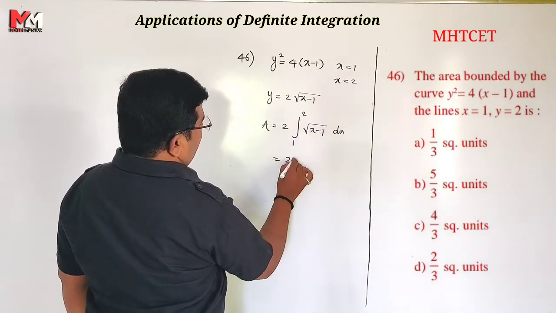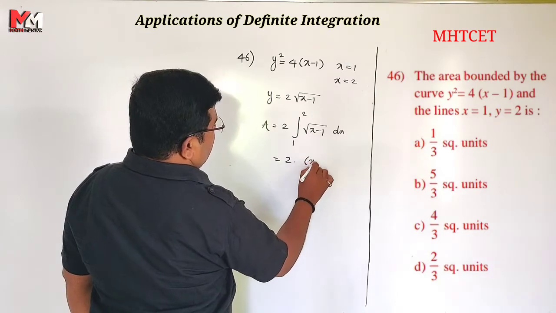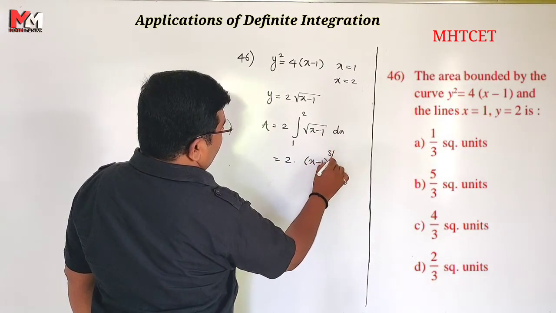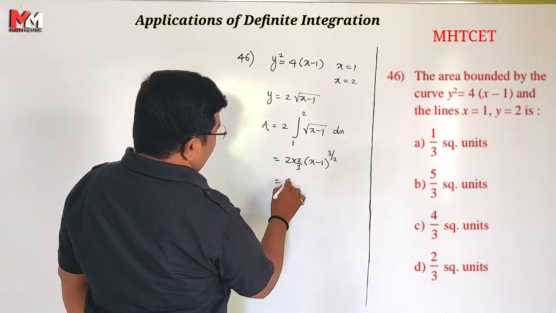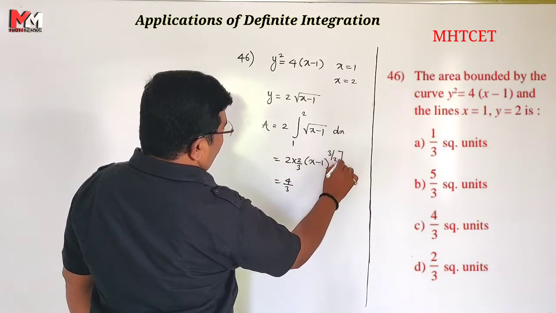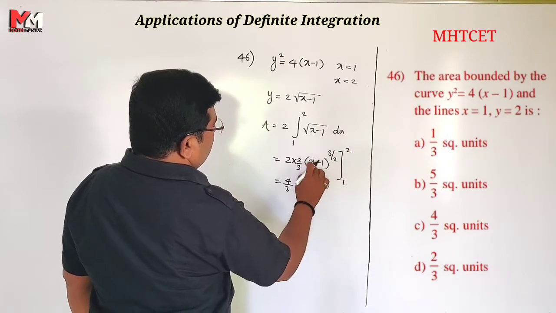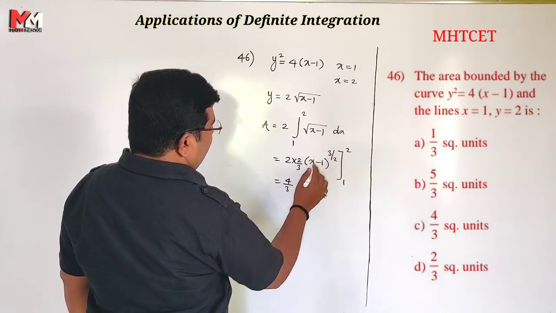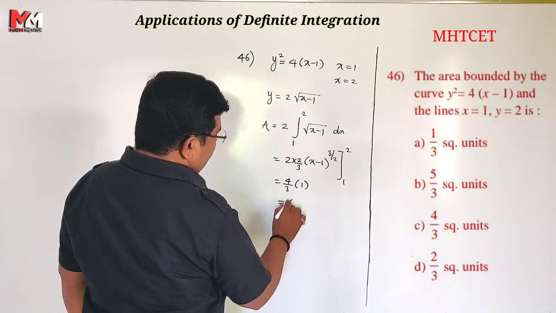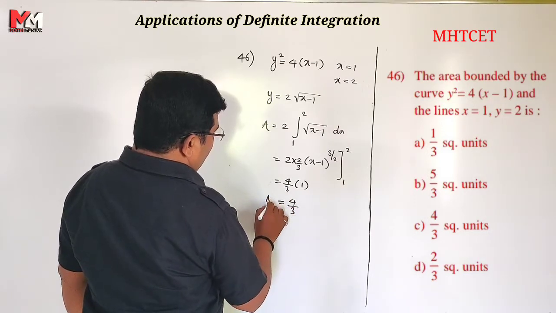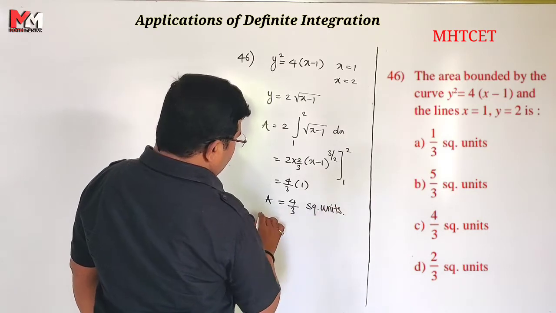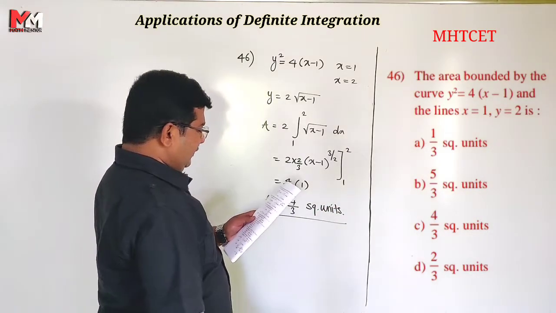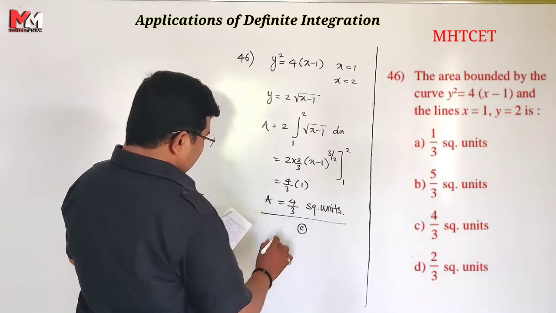This is 2 times x minus 1 raised to 3 by 2 upon 3 by 2, which means into 2 by 3. So this is 4 by 3 from 1 to 2. 2 minus 1 is 1, 1 minus 1 is 0. So 4 by 3 square units is the answer. The answer of 46 is option C.